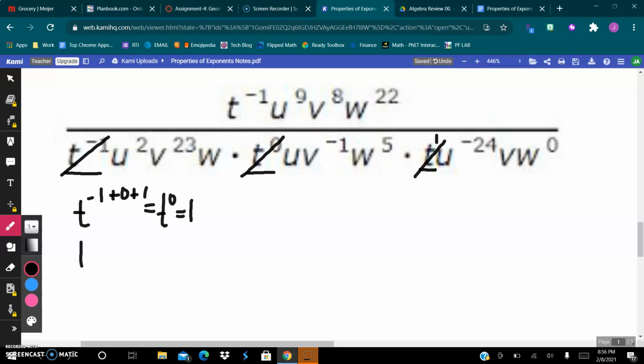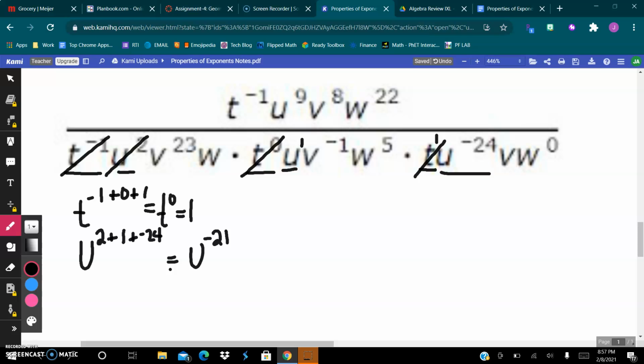Then let's look at the u's. We have u squared here. We have just a regular u, so that's a 1. And we have this u to the negative 24th. So when I add those together, I'm going to have u to the negative 21st.